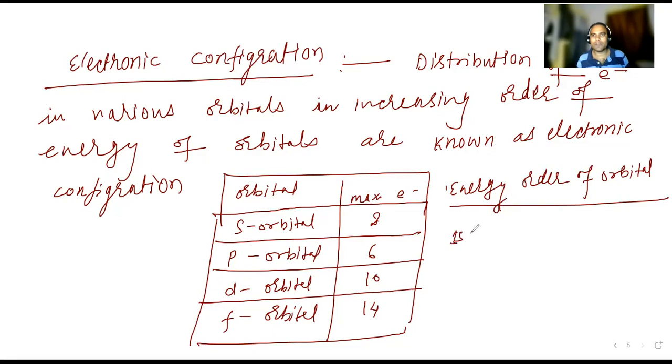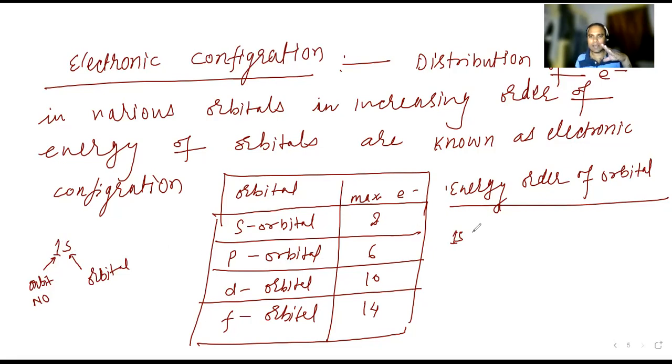The first number implies the orbit number, and the letter implies the orbital. Keep in mind that orbit is also existing, but in the orbit there is orbital also existing.